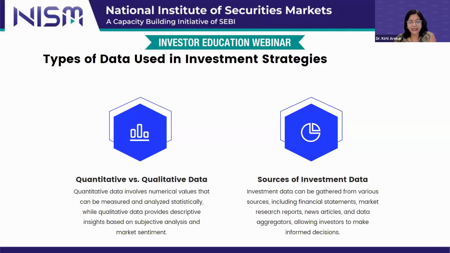Technical data focuses on the price trend and pattern of securities over time. In this class we have moving averages, RSI (relative strength index), MACD, support and resistance levels, and trend lines. It helps you identify the entry and exit points for buying and selling.